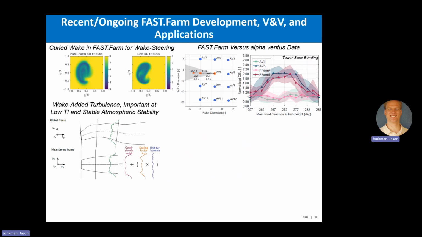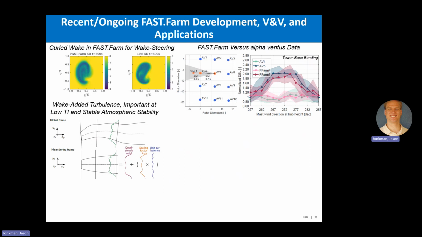In terms of validation, this is one good example. This was actually not done at NREL. It was done at the University of Stuttgart, but it shows some nice data sets from the FINO1 met tower. The FINO1 tower is shown there, and he looked at ranges of data, plus or minus 10 degrees, through that tower, through turbine AV4 and hitting AV5, and this is showing the tower base DEL for the two turbines.